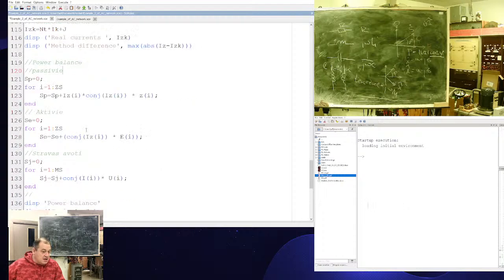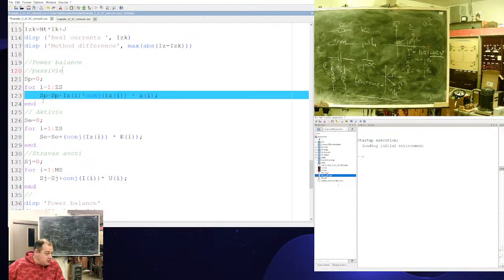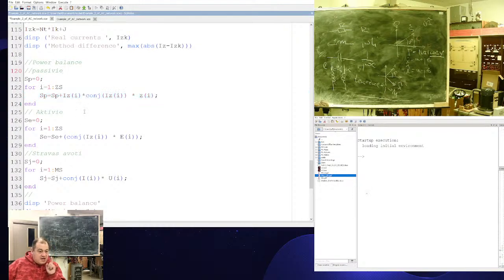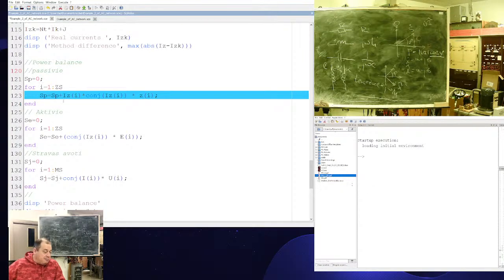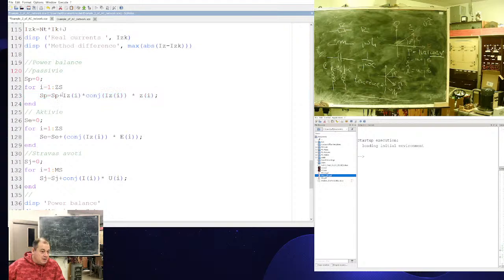Power balance. Here, be careful. For DC, I can use the square of the current multiplied by resistance. For AC, I will get nonsense. I need to get the power of a branch. I need to use current multiplied by the conjugate of current and multiplied by branch resistance.